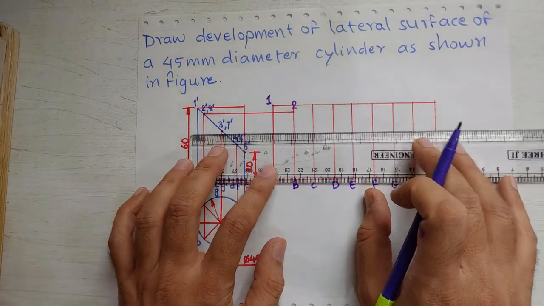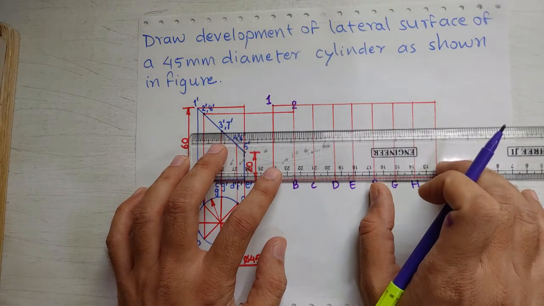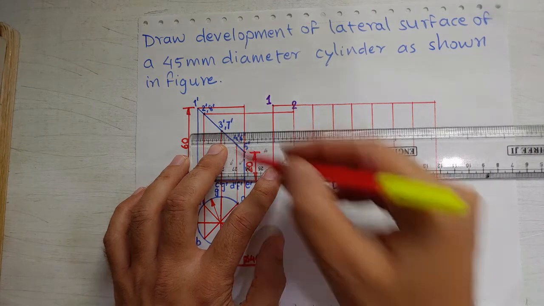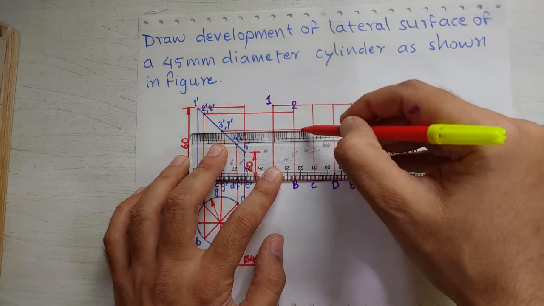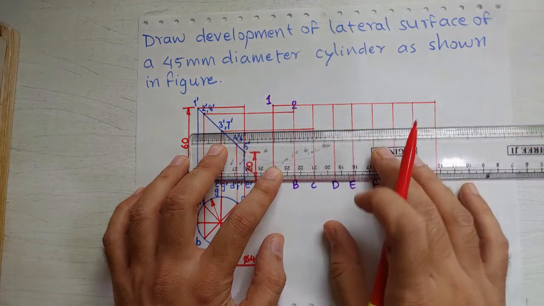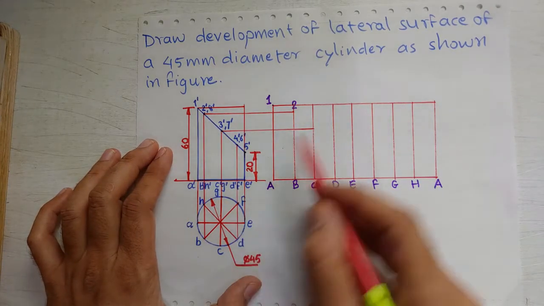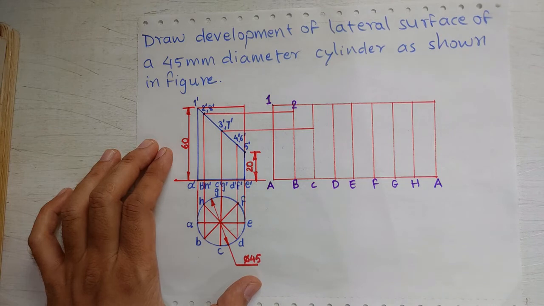Similarly, I will take projection from 3, which is on generator C, and that gives me point number 3.